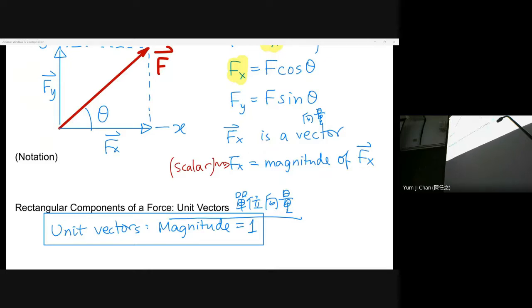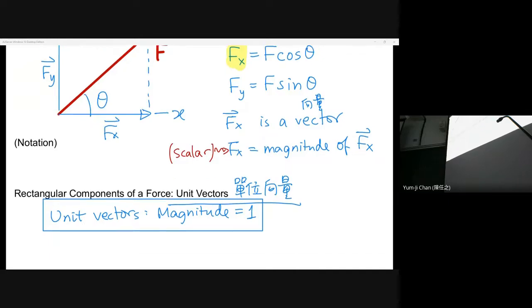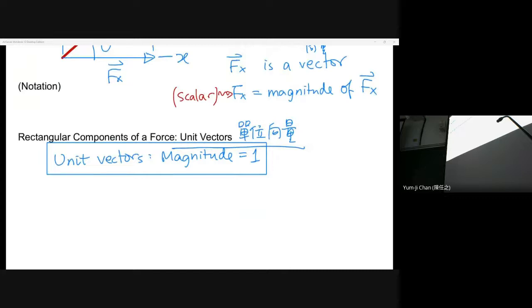So in using vectors, we have unit vectors. That means the magnitude of a unit vector is equal to 1. And in the x and y directions, I'm not sure whether you used unit vectors before.